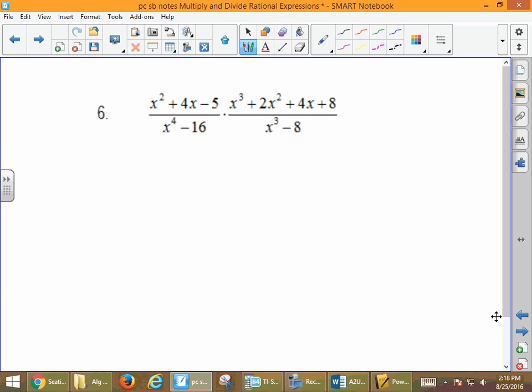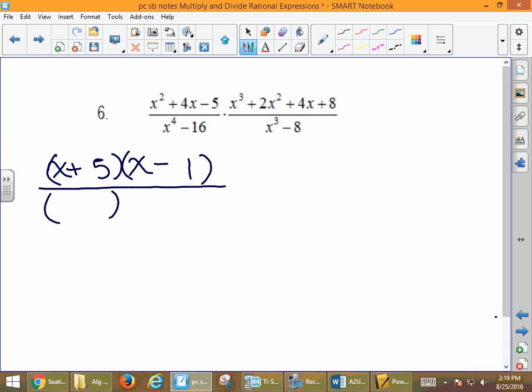But we have some other issues in this problem. But we'll start here with x squared plus 4x minus 5. And we get x times x, and then 5 and 1. And to combine to be positive 4, it's going to be plus 5 and minus 1. Down here in our denominator, x to the 4th is giving some people a little bit of trouble as well.